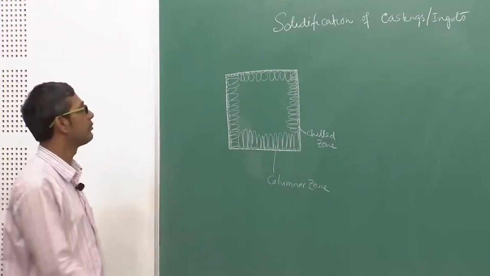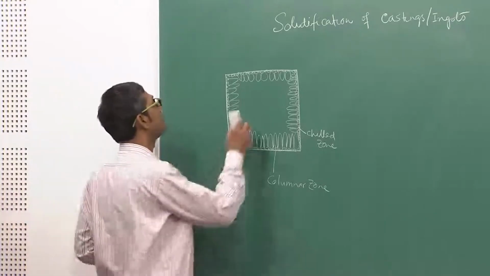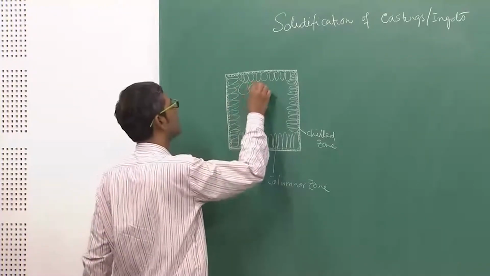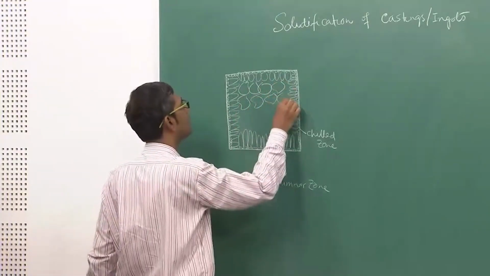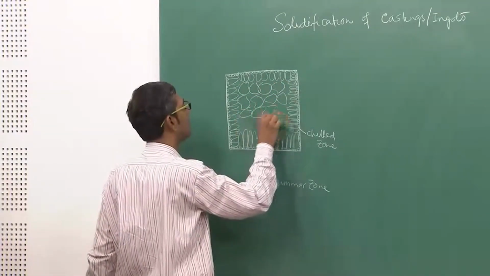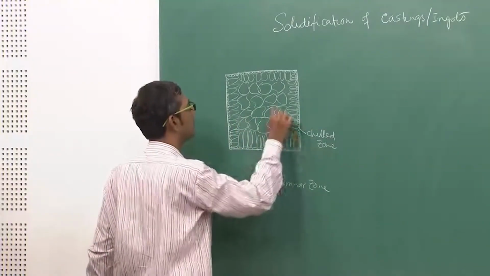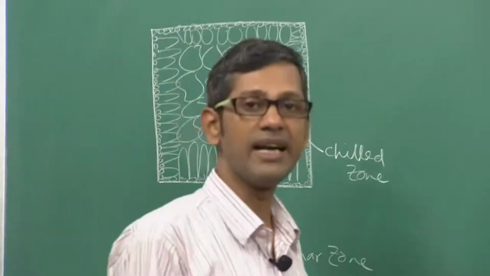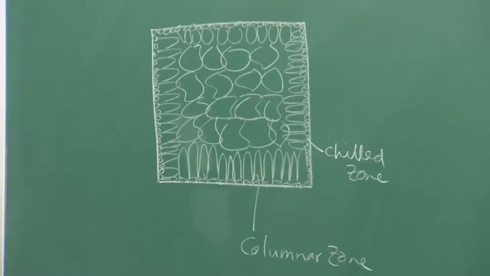Now, finally, whatever liquid is left over in the central part, it will solidify as equiaxed grains. Why? That is easy to understand also. As you have seen, I have shown you that for the equiaxed crystals to grow, the temperature gradient from solid to liquid must be negative.